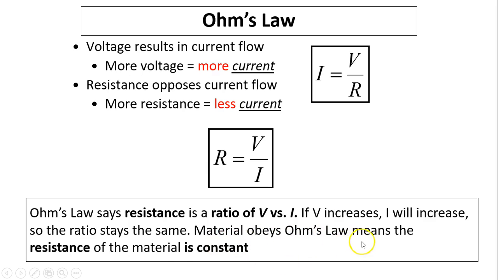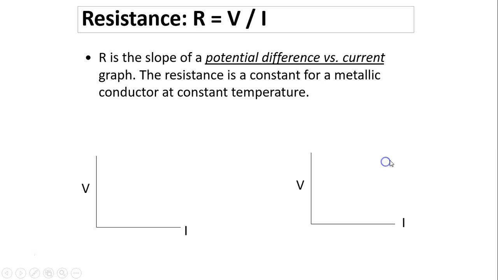A material obeys Ohm's law means the resistance of the material is constant. So resistance, R equals V over I. This really tells you the relationship between V and I. When V increases, I increases.